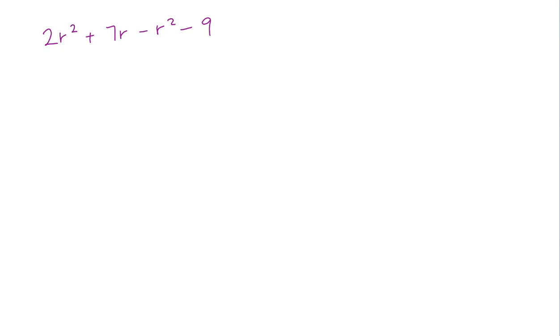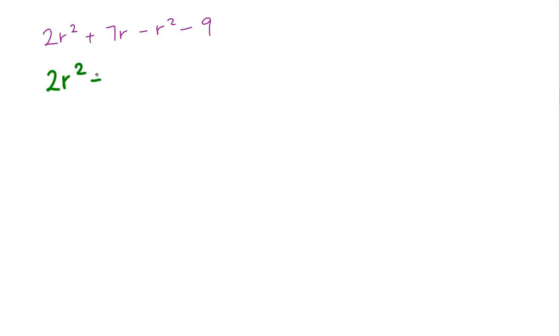So here, let's use some different colors. We see that we have 4 different terms. So the first thing we want to do is rewrite this into a sum of terms. So just get rid of these subtraction signs here.